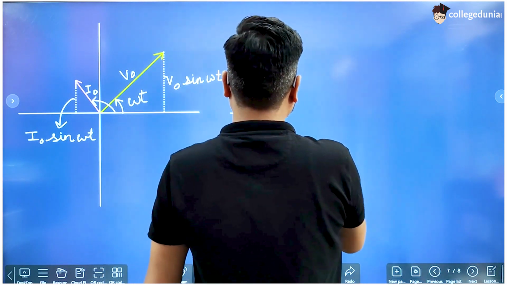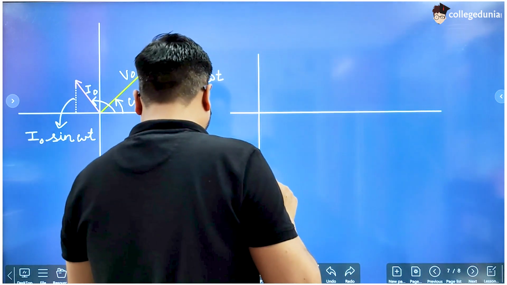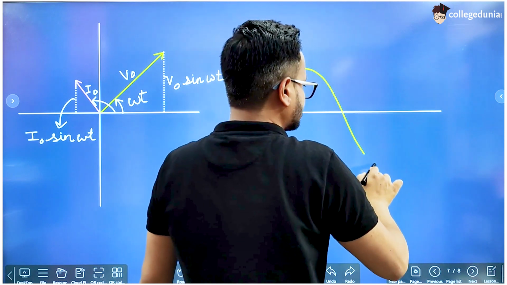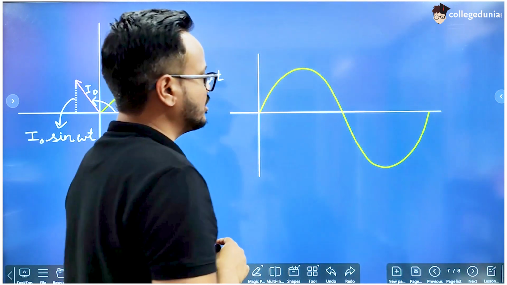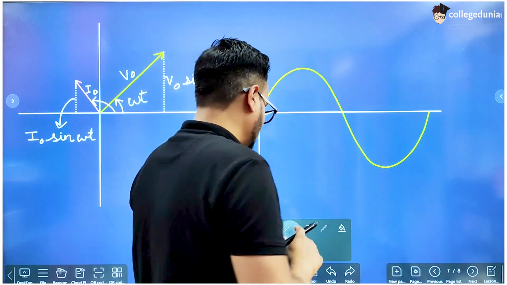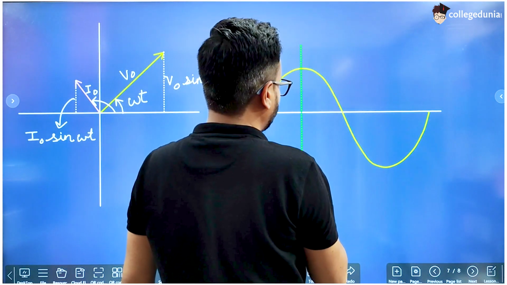Now let's make the graph of voltage and current. So if we draw the voltage like this, this is the alternating voltage V. So this is the angle pi by 2, right?